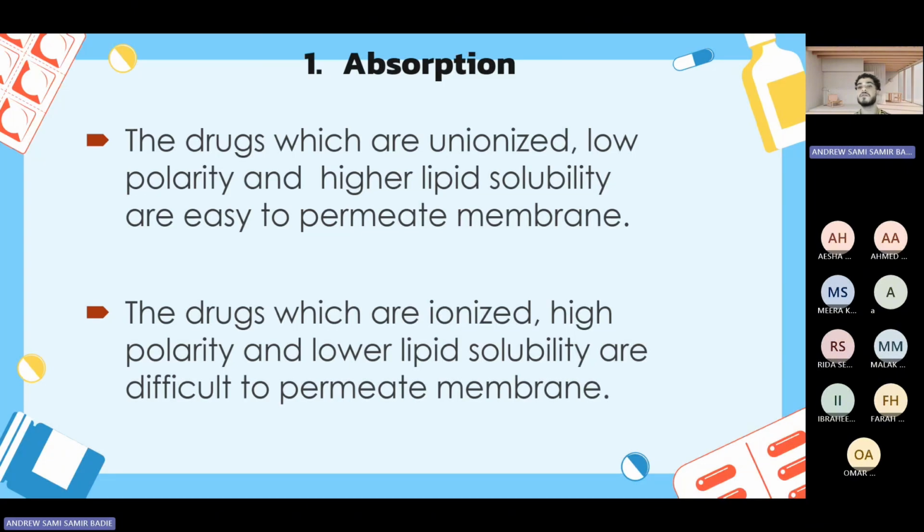We need high lipid solubility to go through the membranes, so it's easier to diffuse and penetrate the membrane. Everything opposite is even harder to penetrate. If a drug is ionized, it has high polarity and lower lipid solubility. These are difficult to penetrate the membrane.